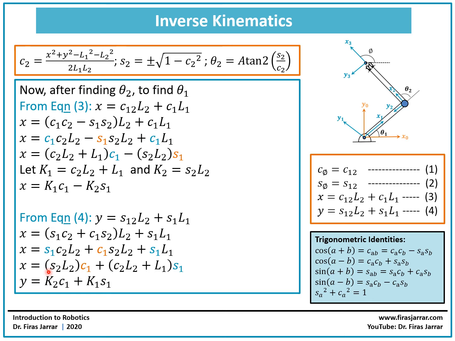Now, interestingly, this is the same term as the one we had here, which is K2. And this term is the same as K1. So we can rewrite equation 4 as y equals K2 C1 plus K1 S1.